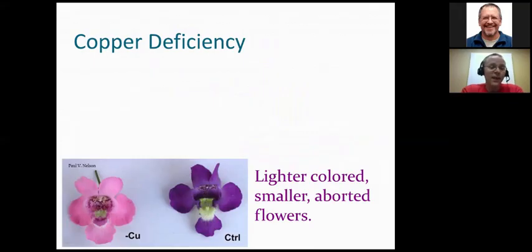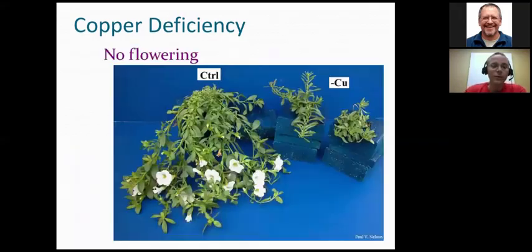The flower on the left-hand side of this picture is attractive and a nice color, but it's not the one that it's supposed to be from the cultivar that we purchased and are growing. So knowing that is the difference. Sometimes they're smaller, to not having any flowers at all.